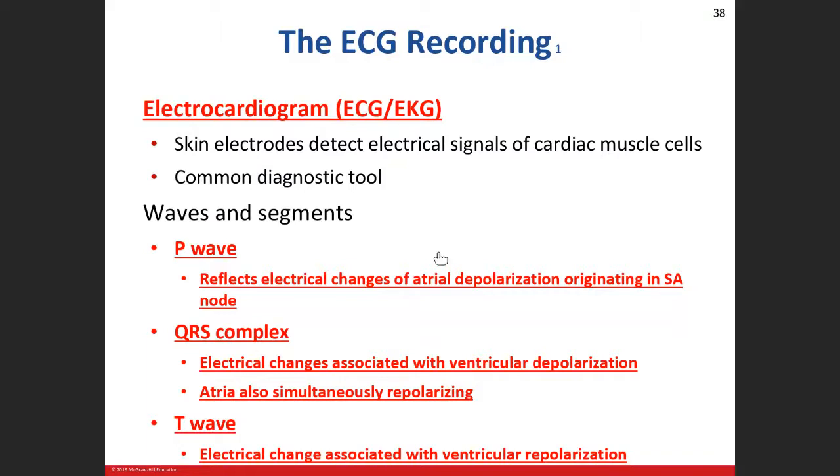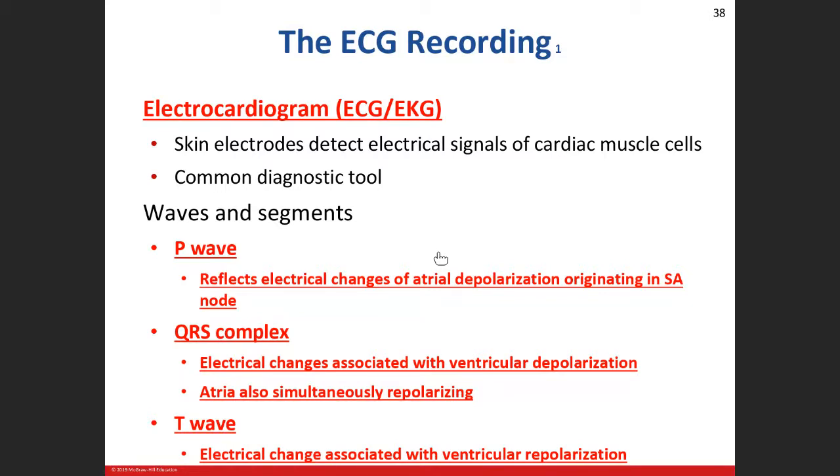Basically what we do is we put these electrodes on you, and there are different ones. I think some of the newer Apple Watches can monitor your conduction system, kind of like a mini ECG, though it's not going to be too detailed.